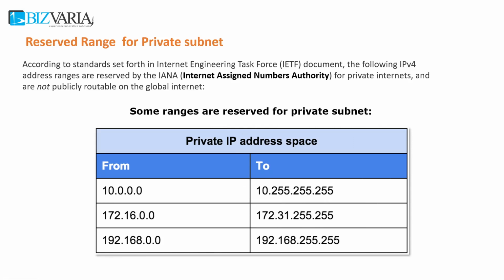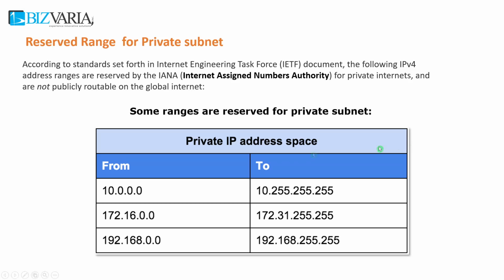So Amazon, Google, Microsoft, Alibaba, they are going to use these ranges of IP addresses within their network. These IP addresses for the private subnets are not going to leave, these cannot be used as public IP addresses.